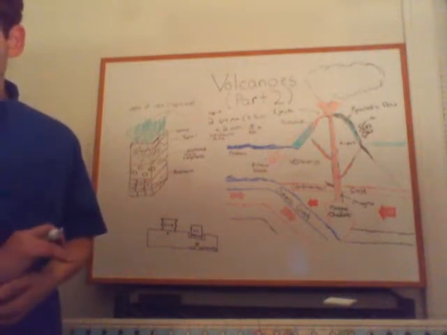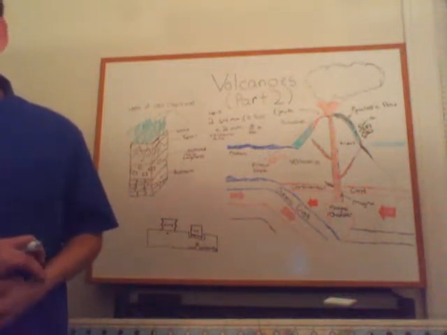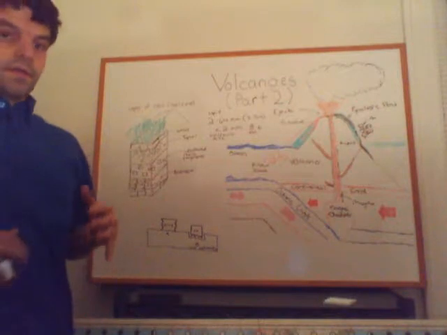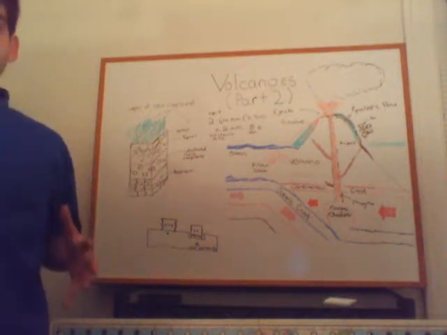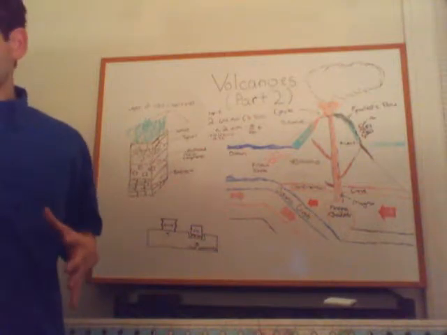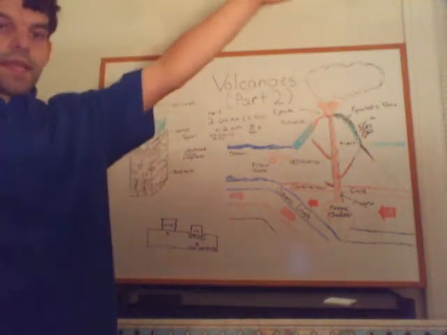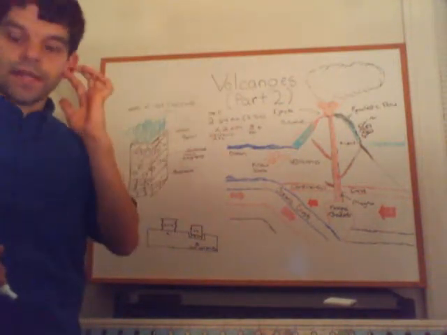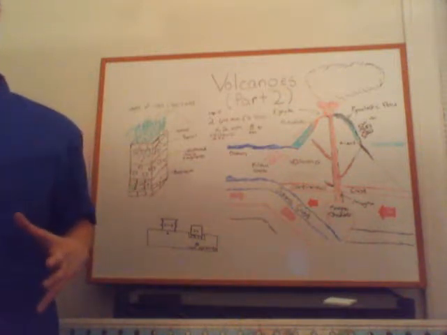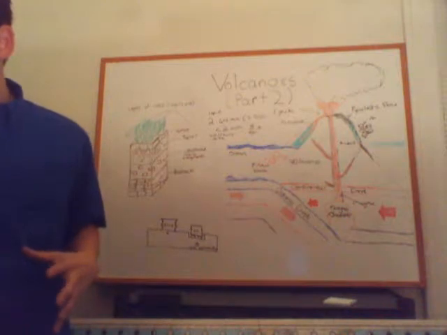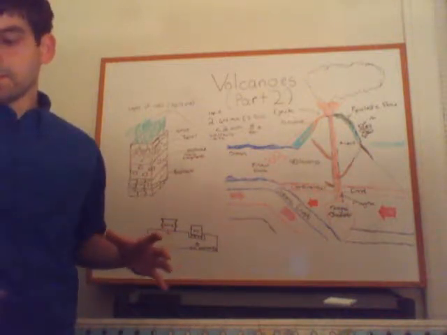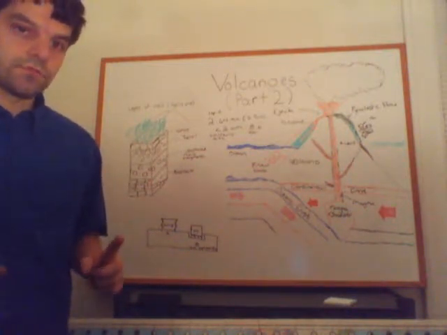Now, this is very different from volcanic bombs, because volcanic bombs are formed from lava that is thrown into the air, and basically it is in a liquid to semi-liquid form, but it hardens into rock before it hits the ground.